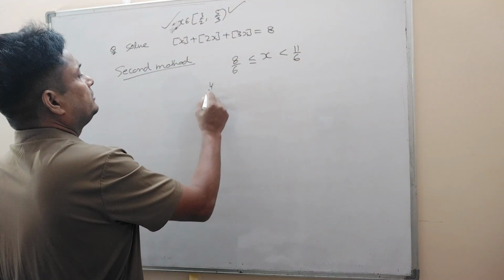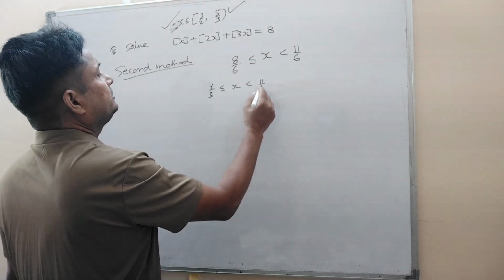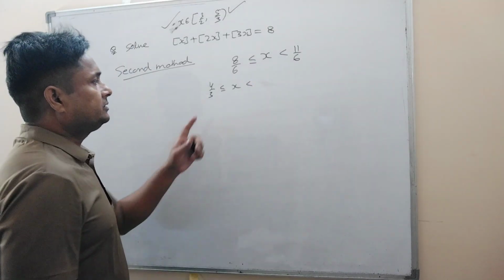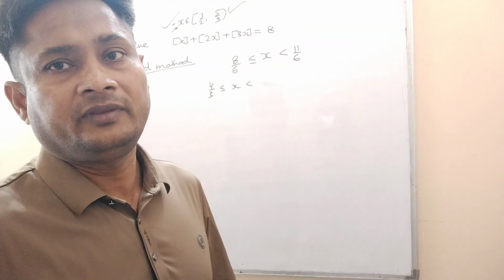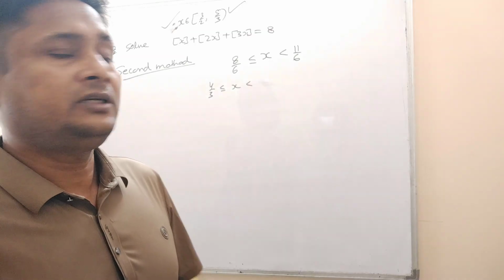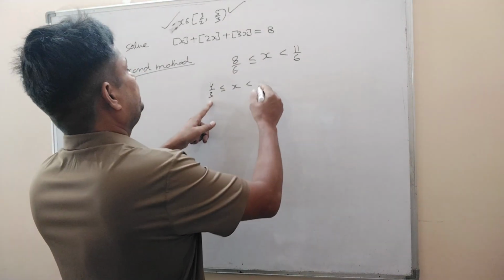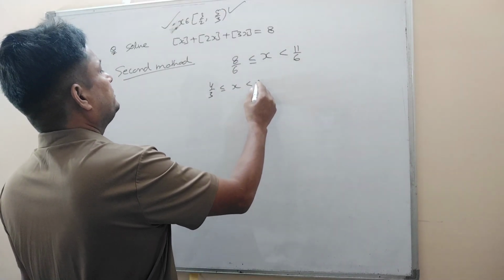This is 4/3 to 11/6, the first interval in which they can change the value, right? How much will it be?